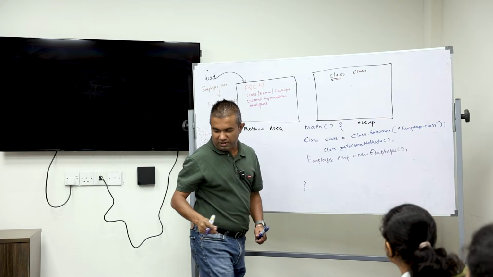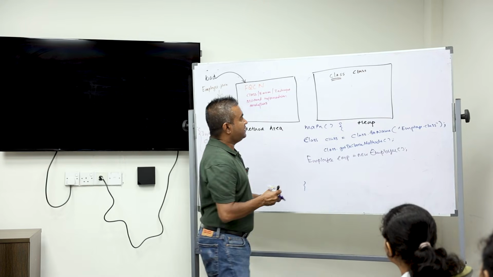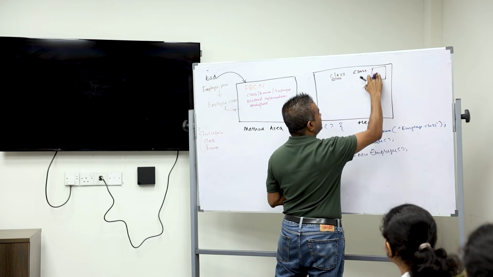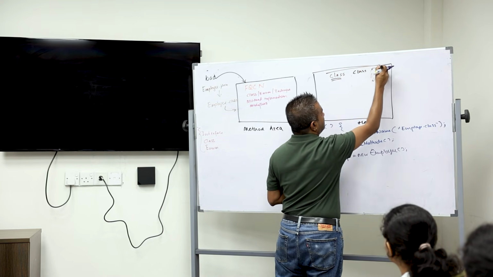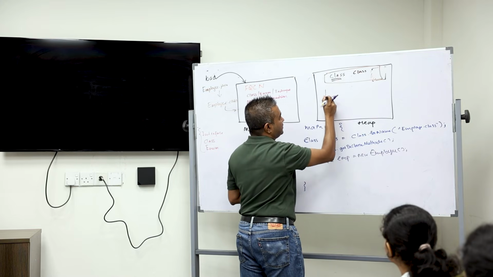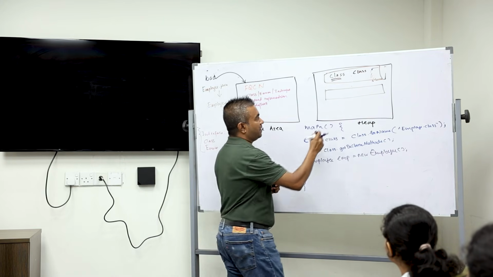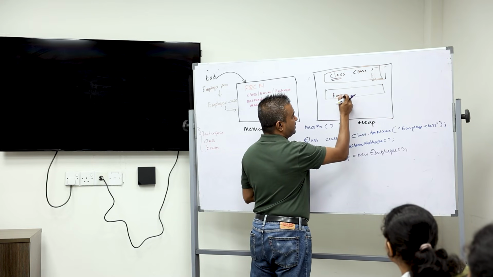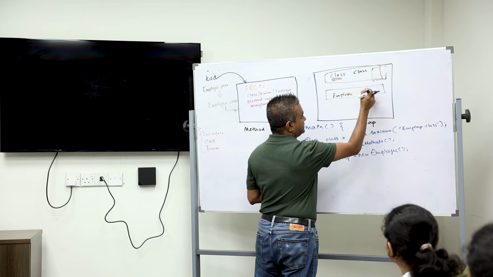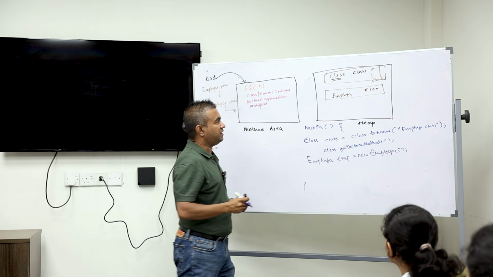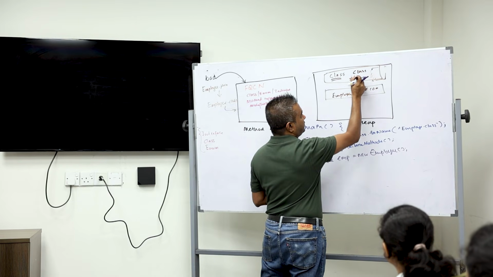Other than the class type object, another one is created for employee. Let's say this is at memory address 100, and the class object is at memory address 50. Just assume.